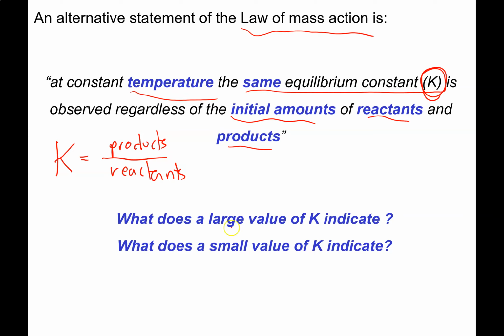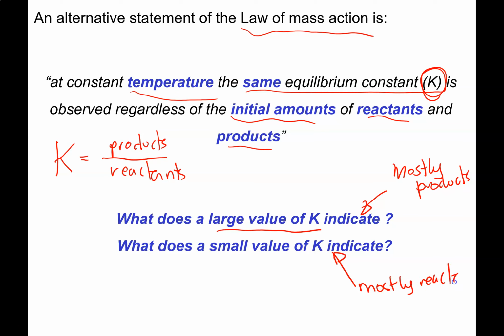So a large value of K indicates mostly products. Big K means the reaction lies strongly to the right, whereas a small value of K indicates mostly reactants. So let's think about what we mean by big and small.